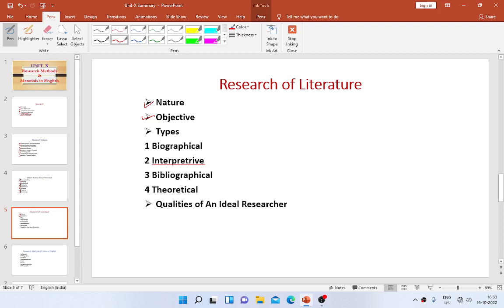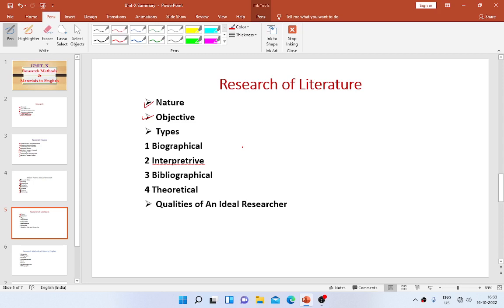So here are some types of literary research. The first one is bibliography and textual criticism. Textual research is concerned with the establishment of authoritative text, correction of past editions, chronology, authenticity, and attributions.